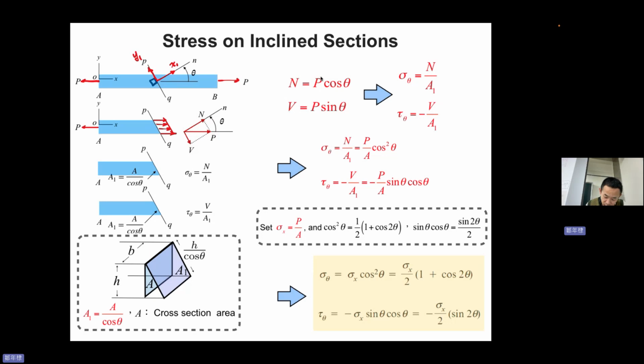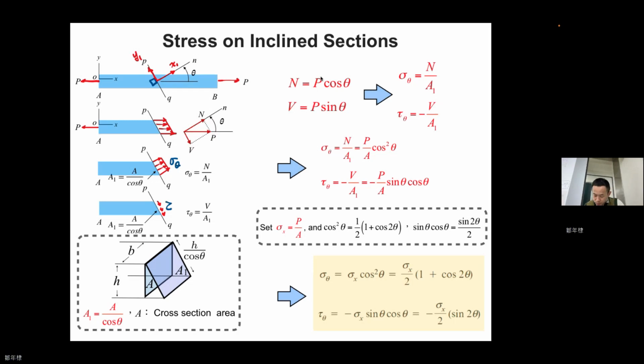So you can see that this one we call sigma theta. And the other direction is the shear stress on that surface.